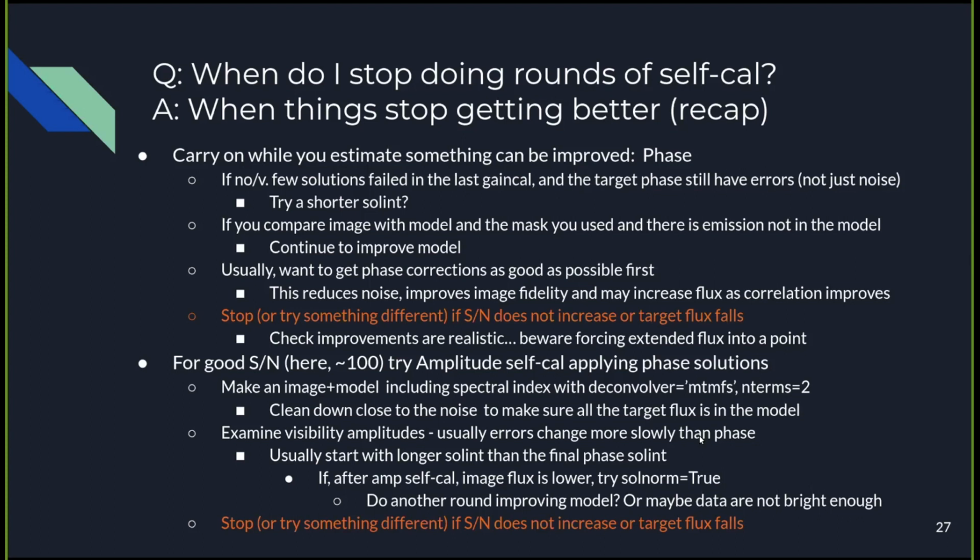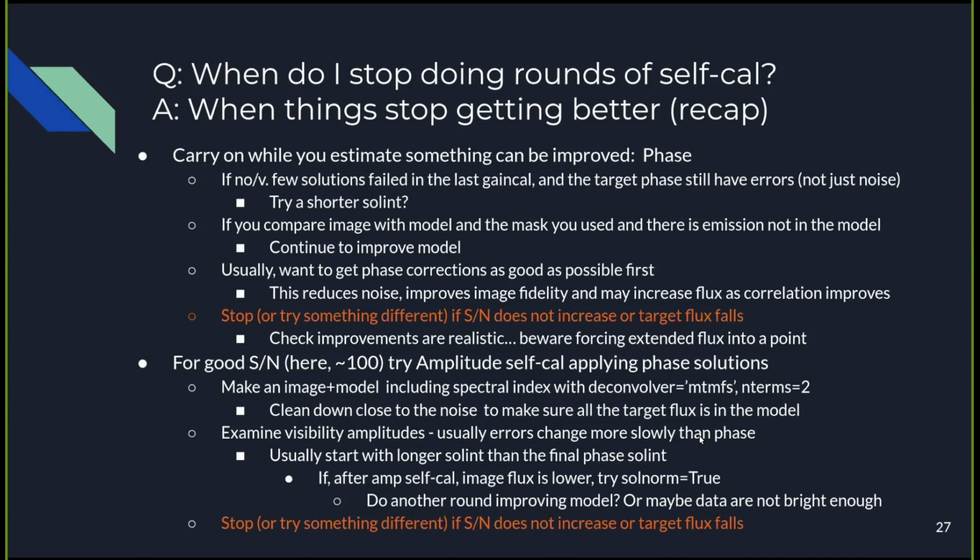For amplitude self-calibration, usually with ALMA data, if the source is bright enough to self-calibrate, then you will need to start by making an image with the spectral index term as well, making the TT0 and TT1 images with deconvolve or MTMFS. And you want to be careful that once you've got the phase solutions right, then you can clean down.